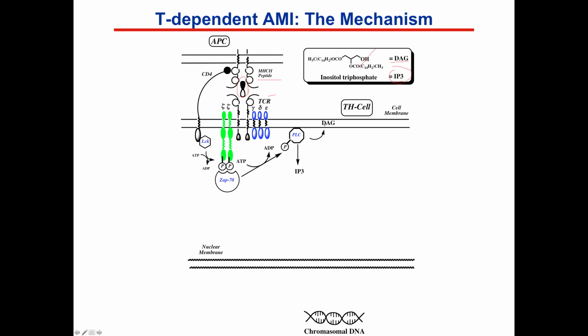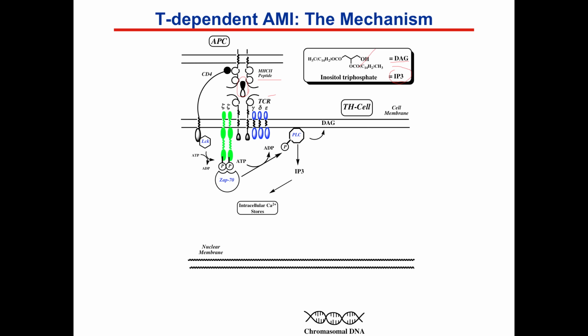And the diacylglycerol, because it has fatty acid groups and is a lipid, is going to stay in the membrane, whereas the inositol triphosphate is going to diffuse away from the membrane. When it does, the inositol triphosphate activates the intracellular stores of calcium, and this is really important.